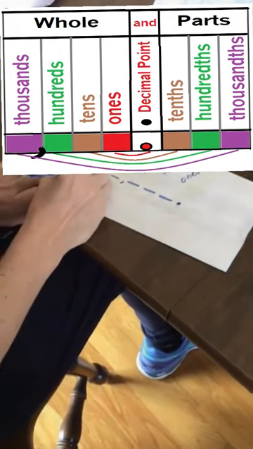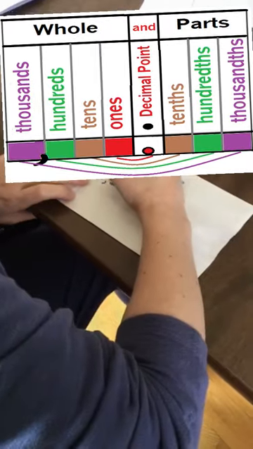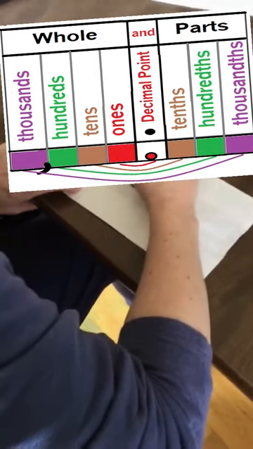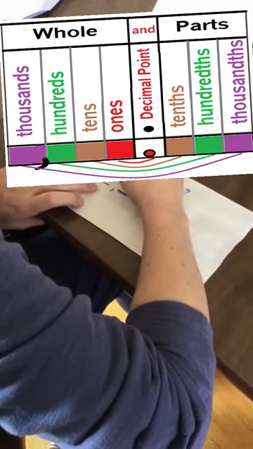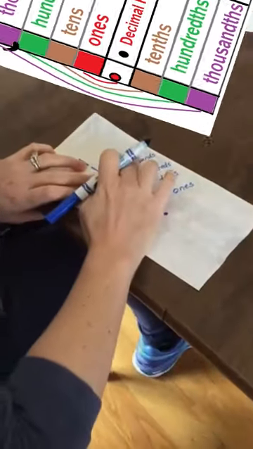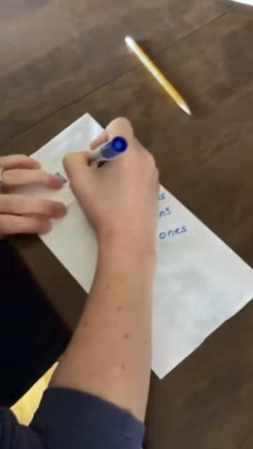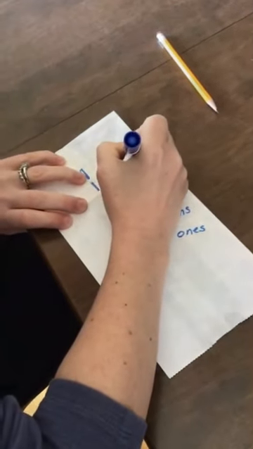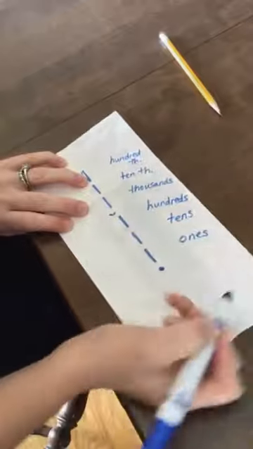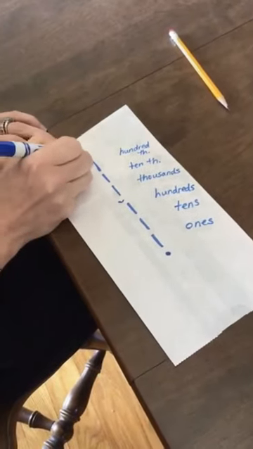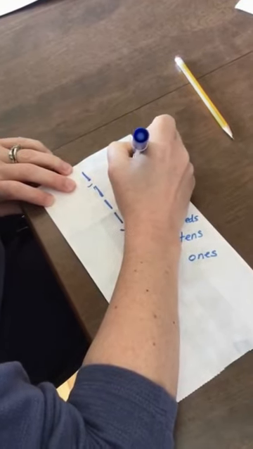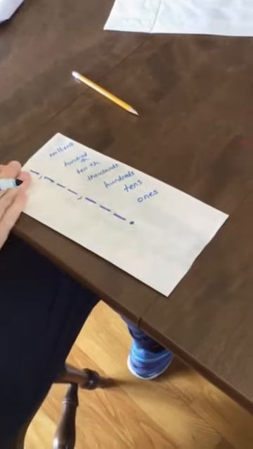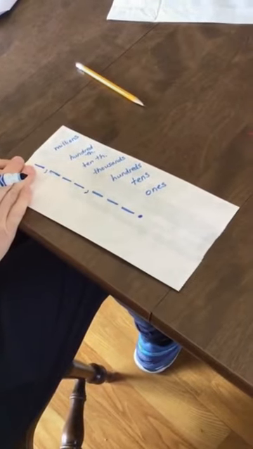And then 3 more for thousands, ten thousands, and I'm going to abbreviate thousands with the TH, and 100,000s. And the biggest I'm going to put on this chart is millions. So there's my whole number side of my place value chart, okay?